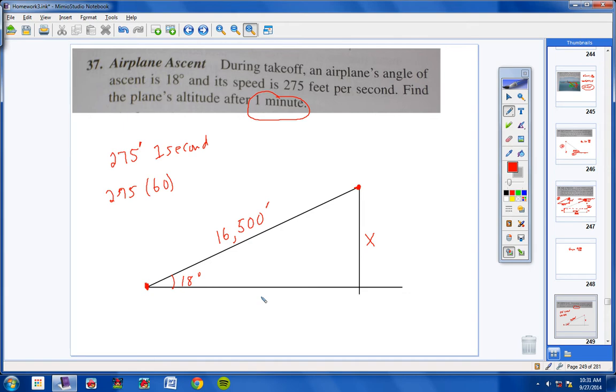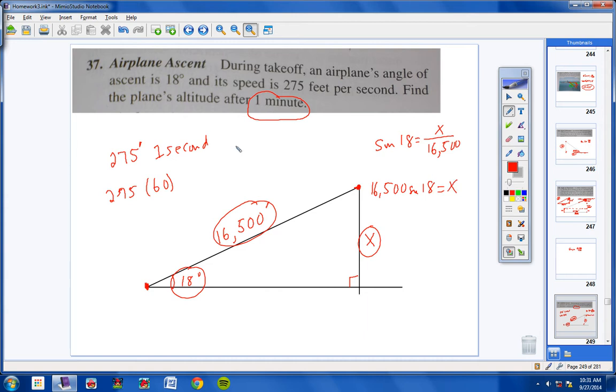Now having done that, it's really a simple problem. Now that we've drawn the triangle, we're looking for the altitude of the plane. Here's my degrees. I'm dealing with opposite and hypotenuse, so I would very quickly say the sine of 18 equals opposite over hypotenuse. Multiply both sides by 16,500.